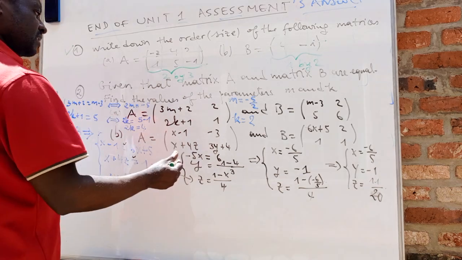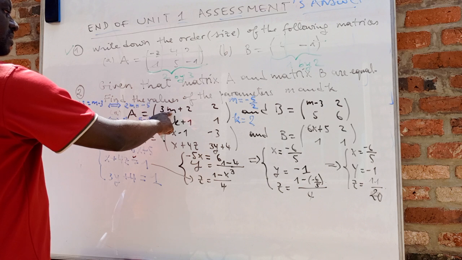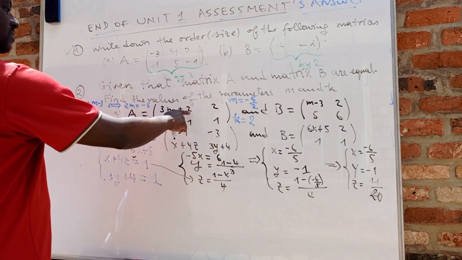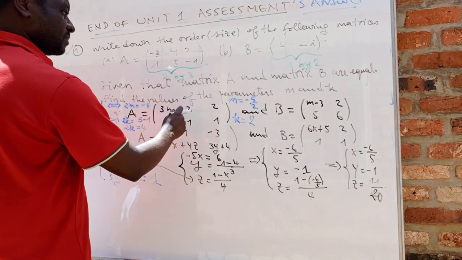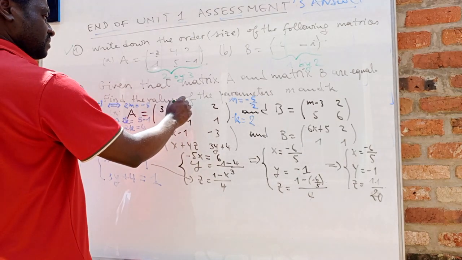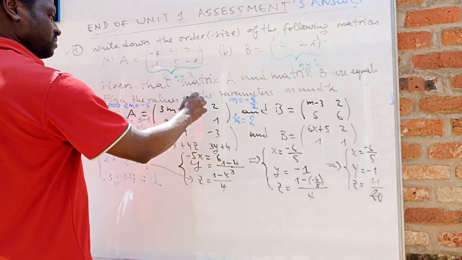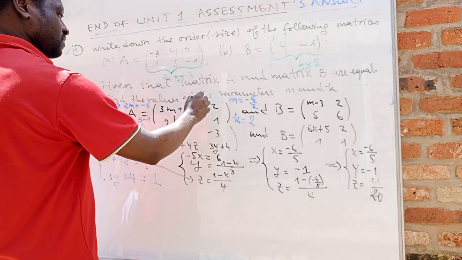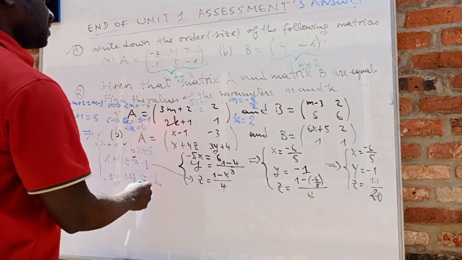So let us check for this one. M equal to negative 5 over 2. Negative 15 over 2 plus 4 is negative 11 over 2.